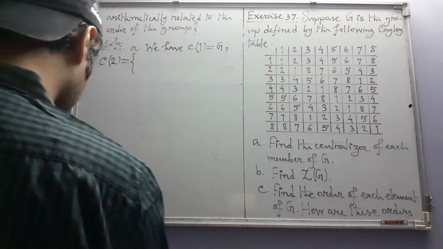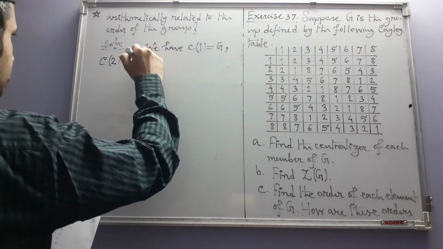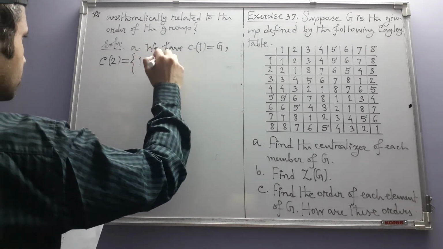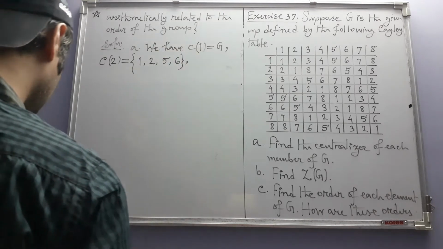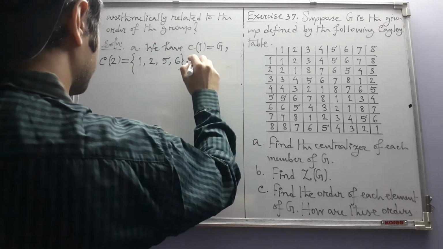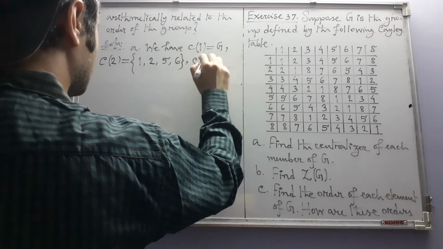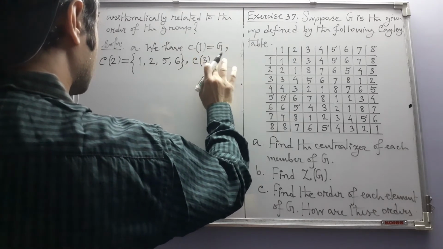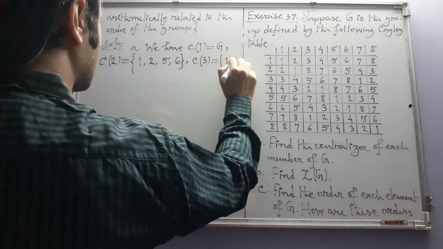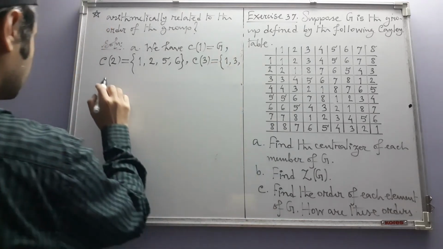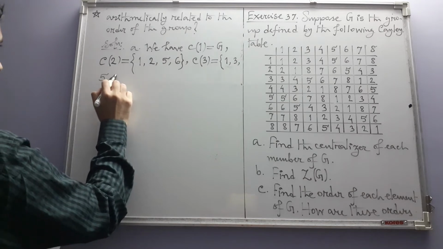C of 2 is this set 1, 2, 5, 6. C of 3 is 1, 3, 5, 7.